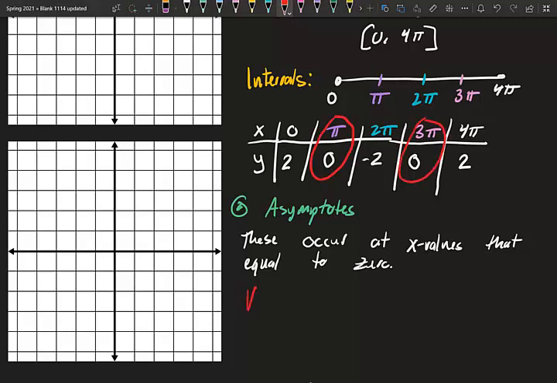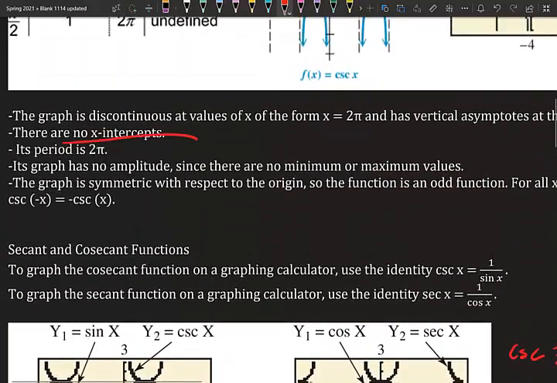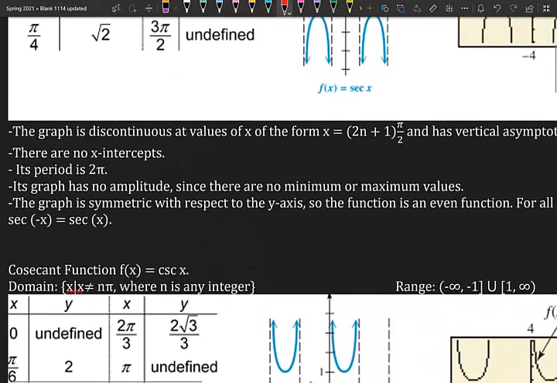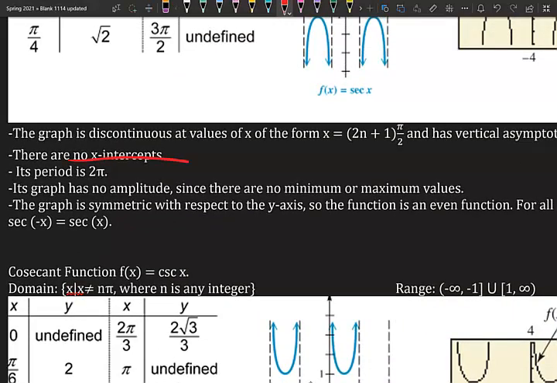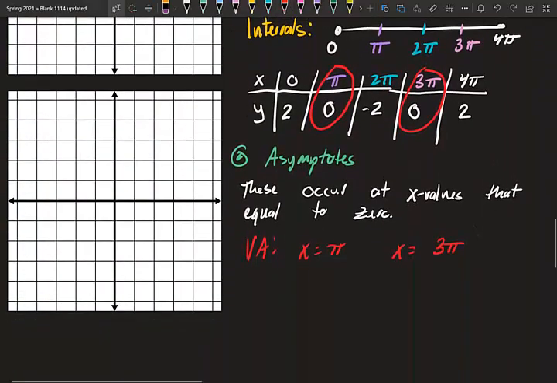So our asymptotes are x equals pi and x equals 3 pi. Now, why is that the case? Because remember, there are no x-intercepts for these two functions. Since there are no x-intercepts, that tells me y cannot be 0. Because that's what no x-intercepts means. So whenever the cosine is 0, that's our vertical asymptote.